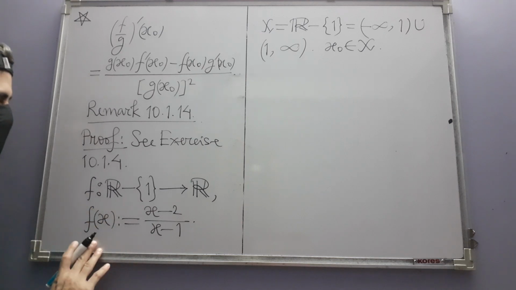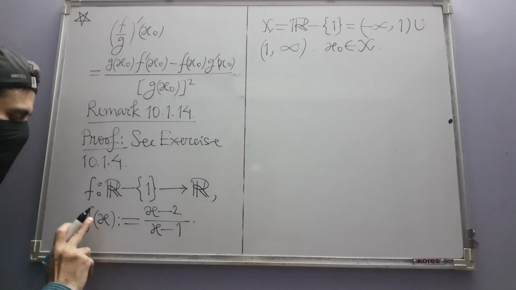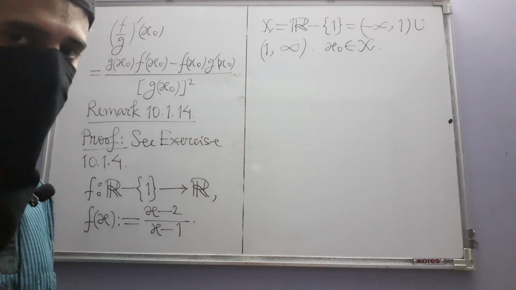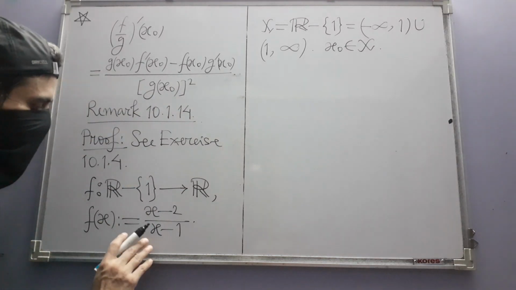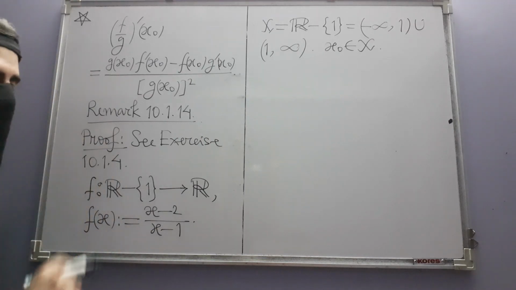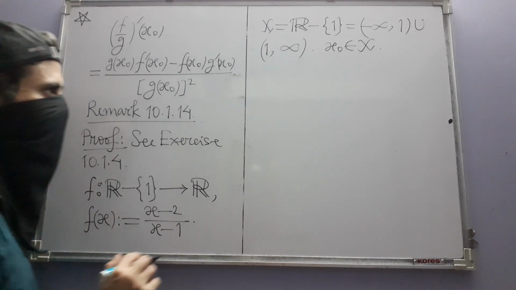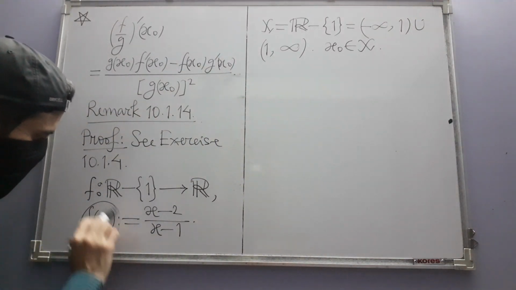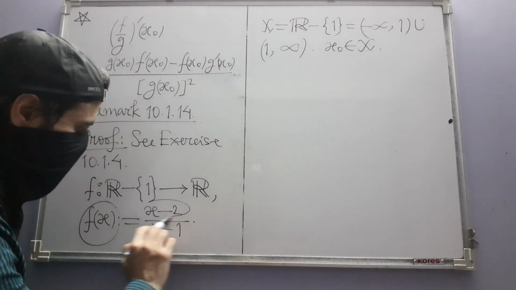Now say we want to conclude that our f is differentiable at that x naught. How can we do so? We can do so by applying the several parts of the above theorem. Let's see how. You see, this function f in fact is a quotient of two functions.